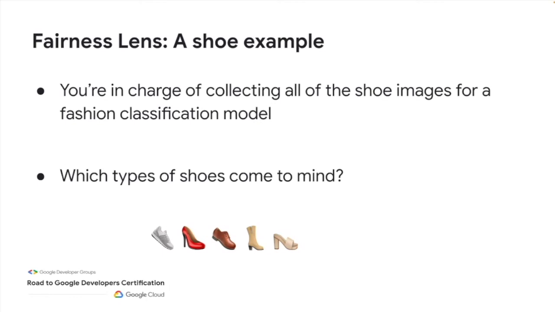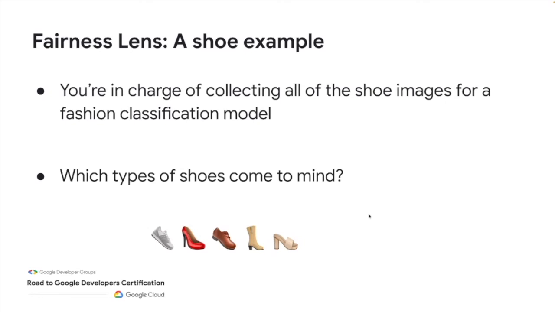And therefore, because everyone was using flip-flops and sandals, the machine never got to learn about boots and winter shoes. And that's one way to have a data gap in your data. You only have a subset of the possibilities of shoes that are out there.